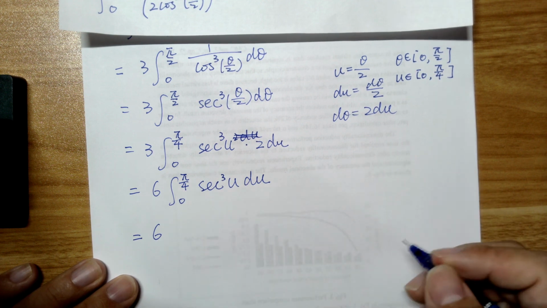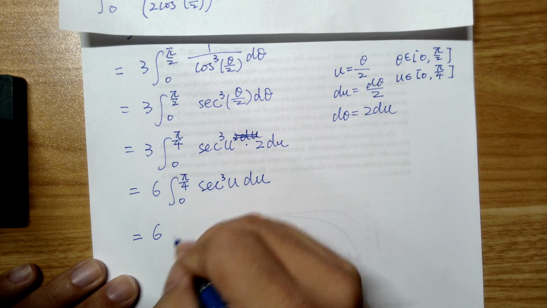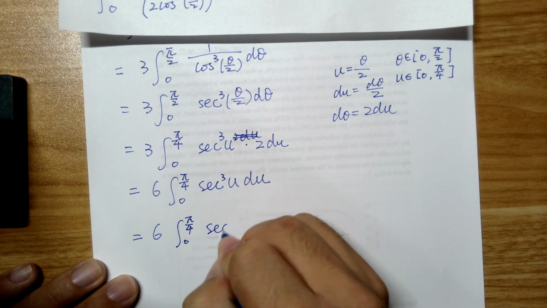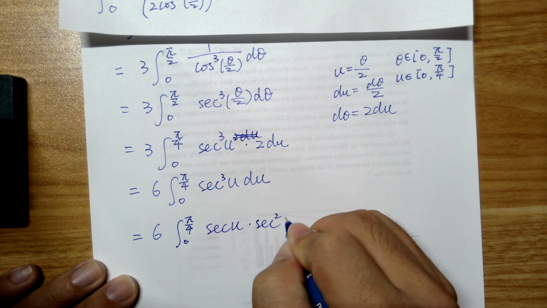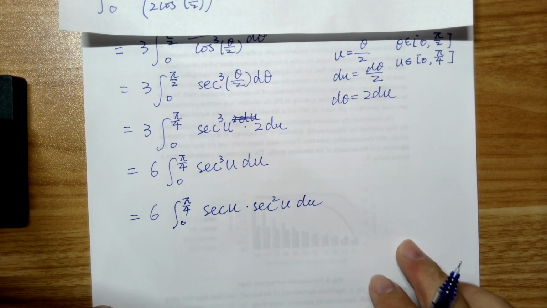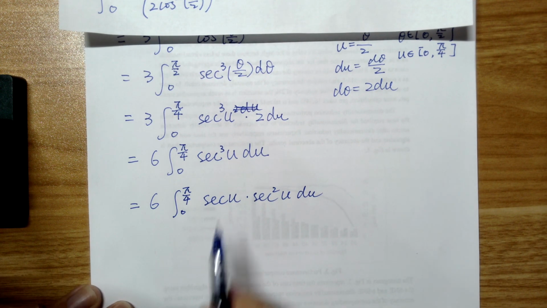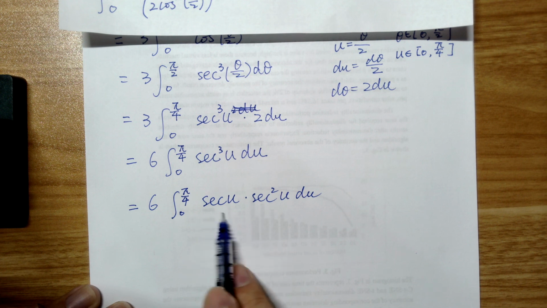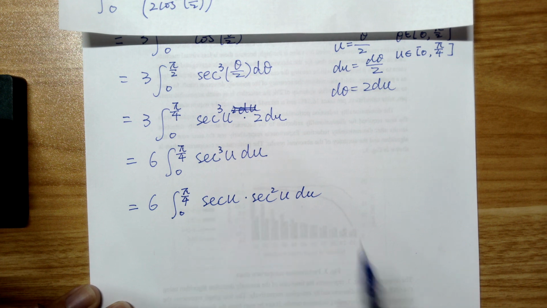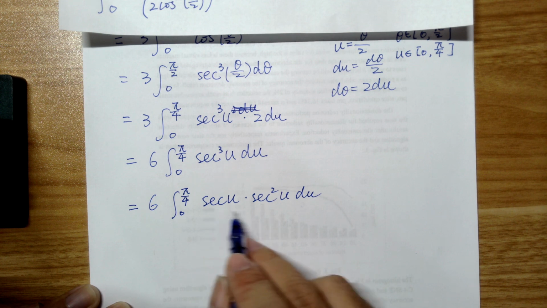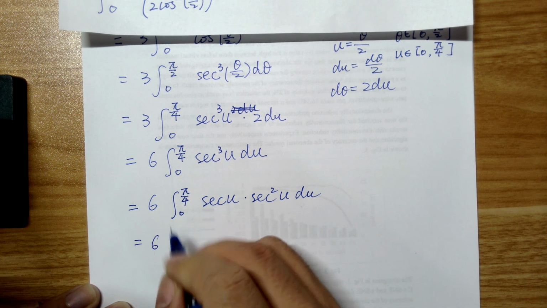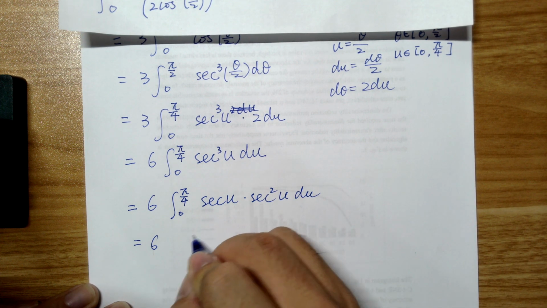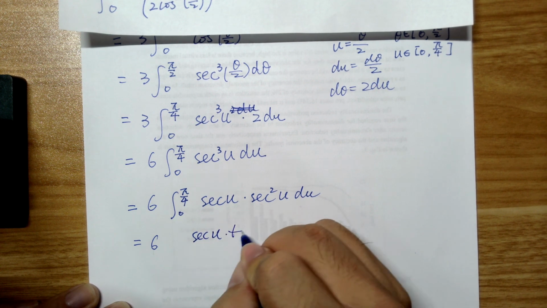But let me show you quickly here. It turns out we can do this. You're going to use integration by parts for this one, because as you can see, secant squared u du, actually if we set this as u, this as dv, so if I set this as the integration by parts here, so basically what you will have is secant u times tan u.